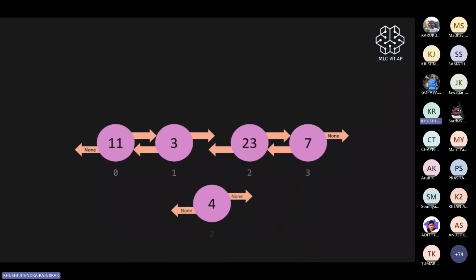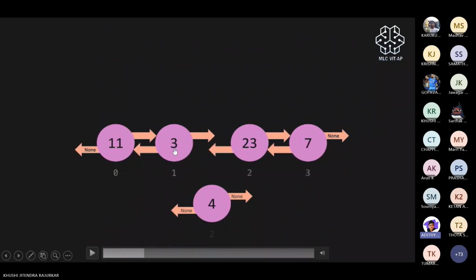Does somebody have any ideas? I will take the third, that means the index one, as the temp node, and then I will take temp.next equals new node.previous, and then new node.next equals temp.next.previous.